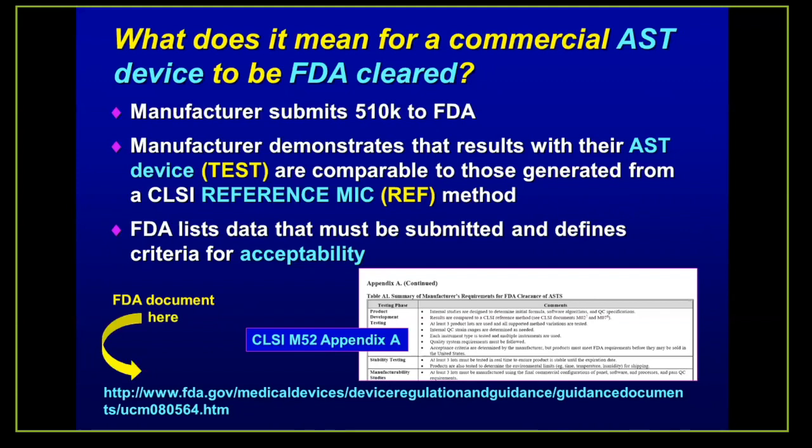The manufacturer has also demonstrated that the results with their AST device are comparable to those generated from a CLSI reference MIC method. The FDA lists the data that must be submitted and defines the criteria for acceptability. We have a link here to that FDA document so you can see what that acceptability criteria is. And we also have a chart in the M52 in Appendix A.